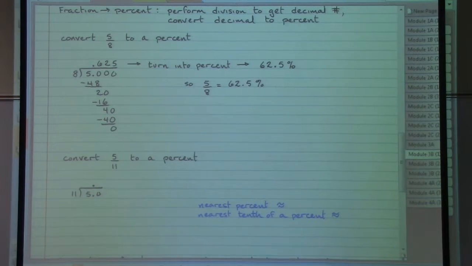How many times does 11 go into 50? That has an answer, and that can kickstart the process here.